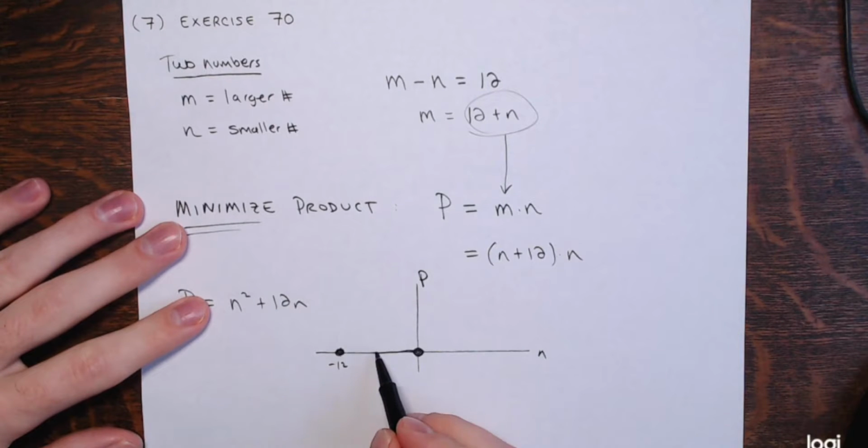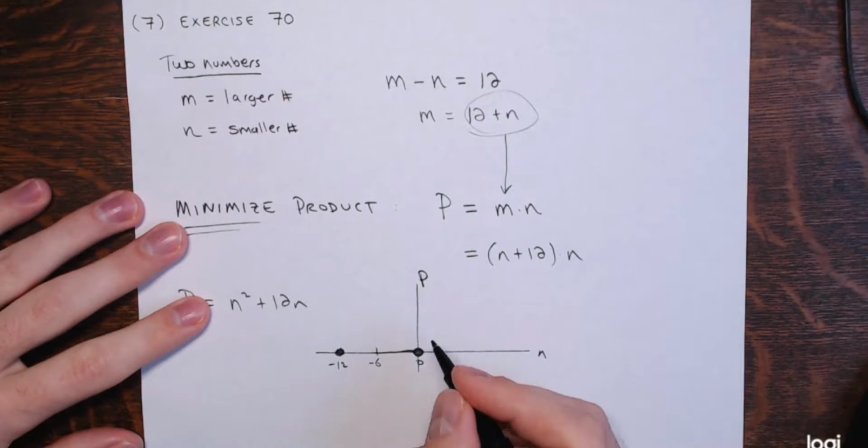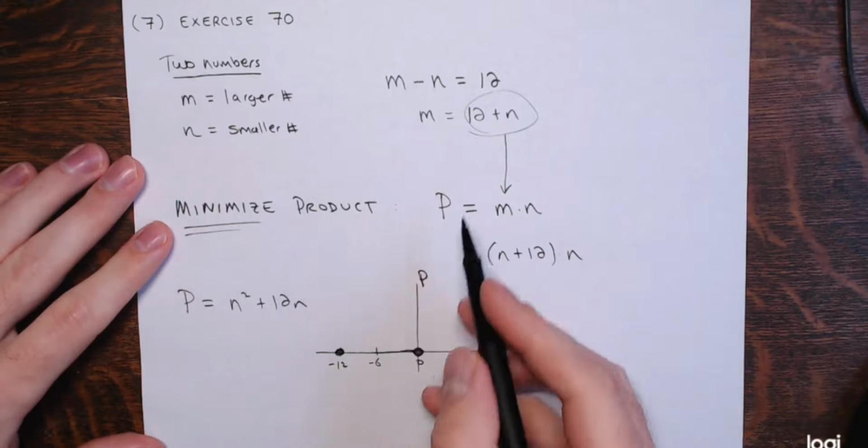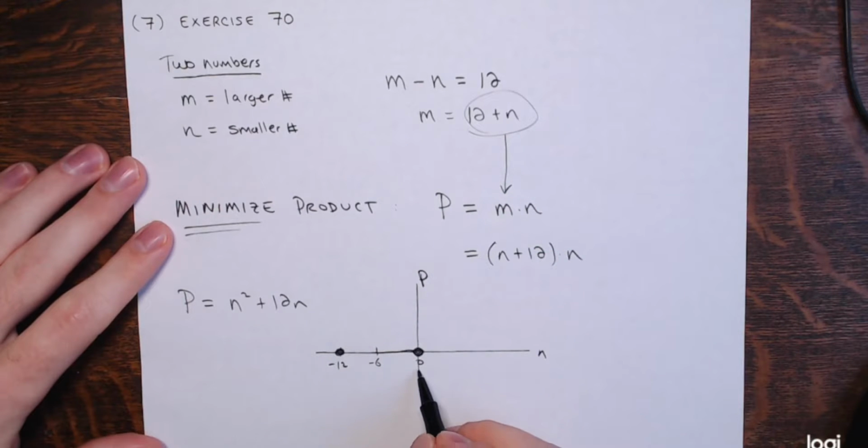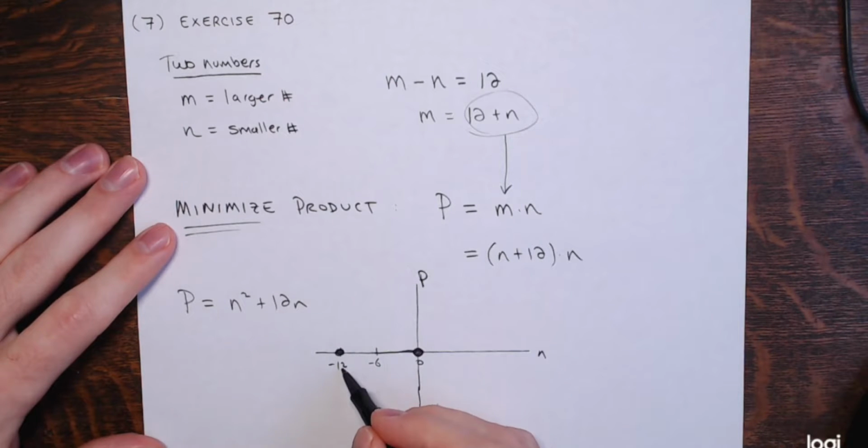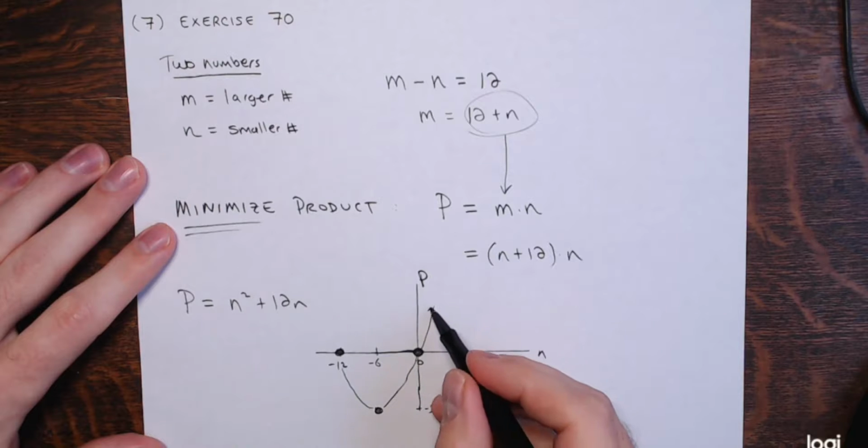Halfway between these is negative 6, right? And if n were negative 6, m is positive 6, their product is negative 36. If I plug in negative 6 to this, we get negative 36. That's the minimum product, the smallest product possible.